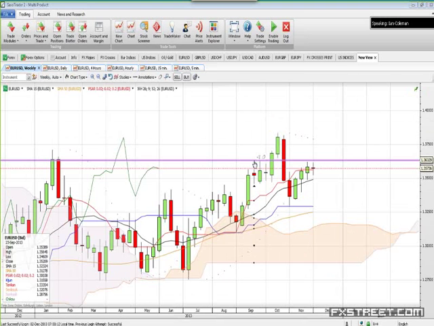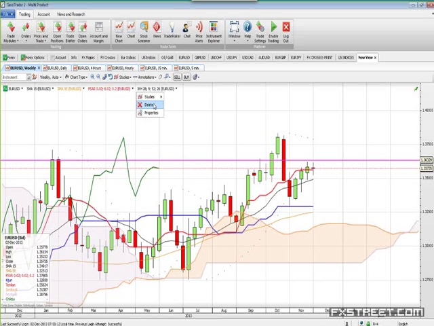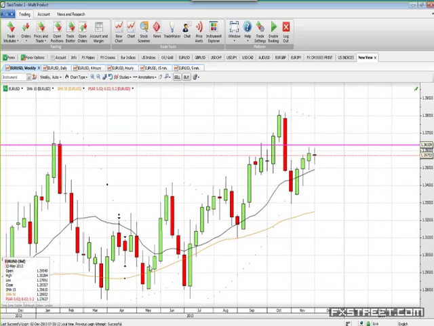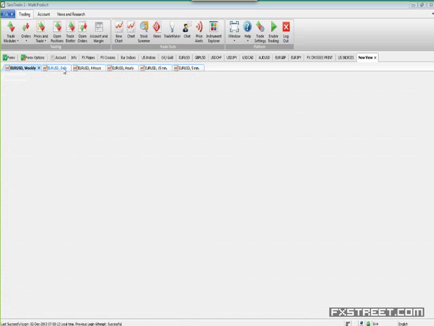Sorry, I should mention, as we look at this chart, where are the moving averages? So we'll get rid of the cloud because it's too far away. Okay, so the moving averages are pointing higher. They're trending higher. So if you were to take signals from your weekly chart, you'd only take daily signals.